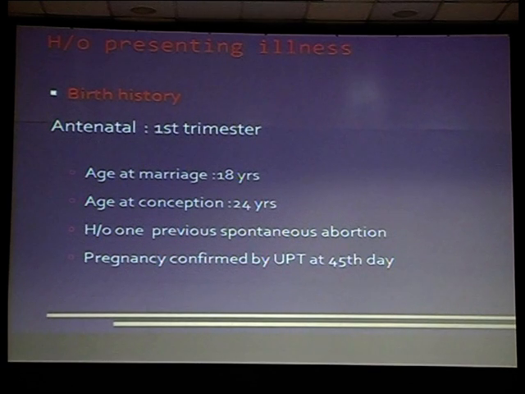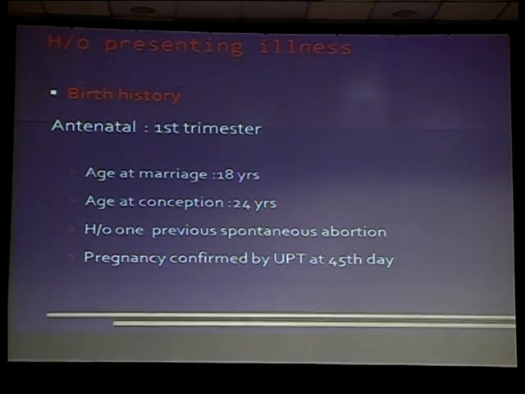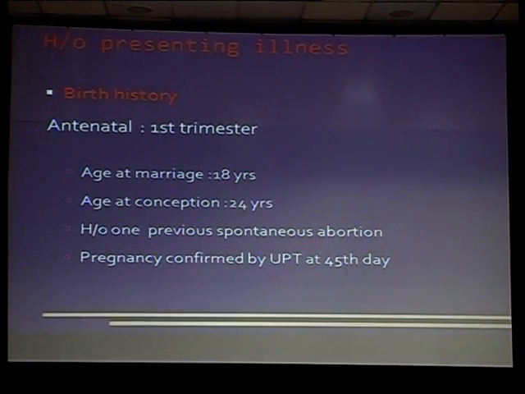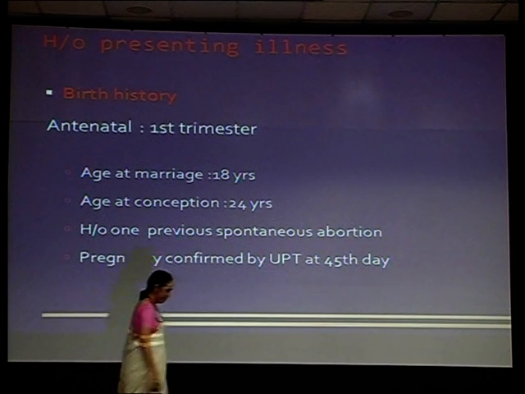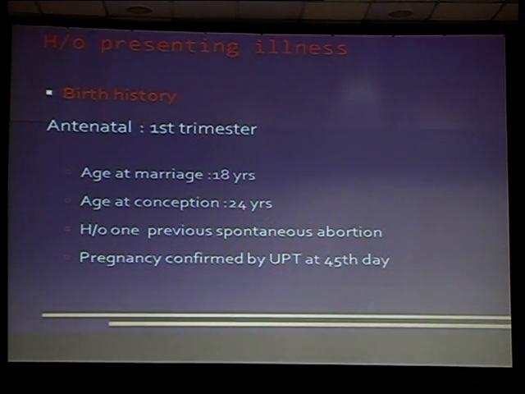Since the chief complaints start from the perinatal period, I would like to start from the birth history. Antenatal history at first trimester: the age at marriage of the mother was 18 years and the age at present conception was 24 years. She had one previous spontaneous abortion, but the present pregnancy was confirmed by urinary pregnancy test card at day 45.